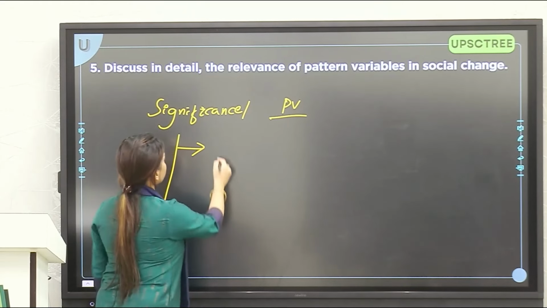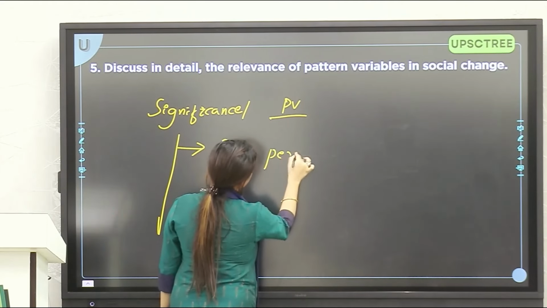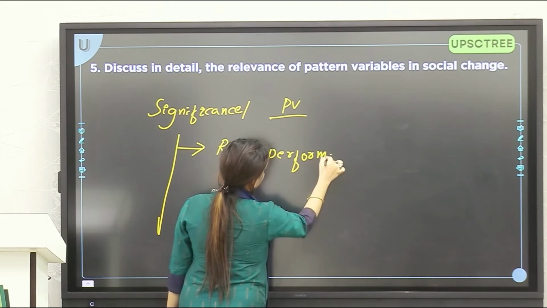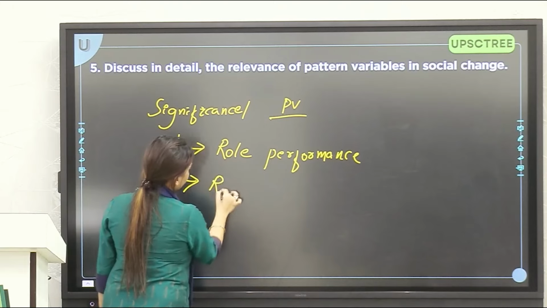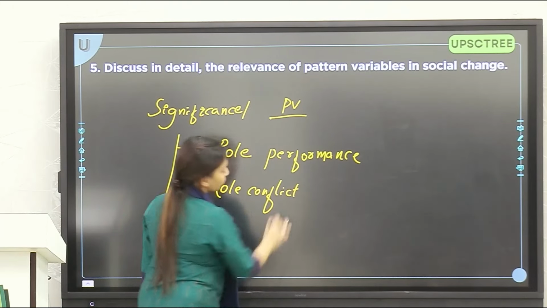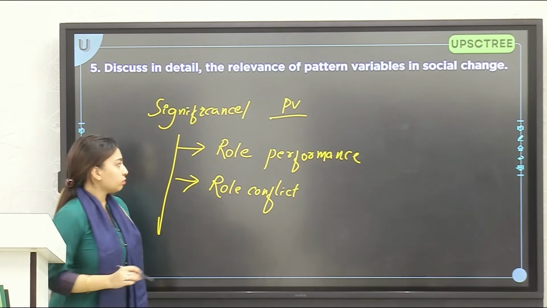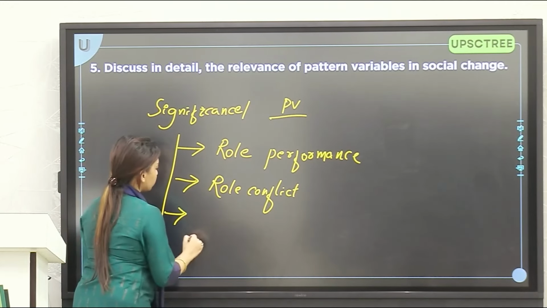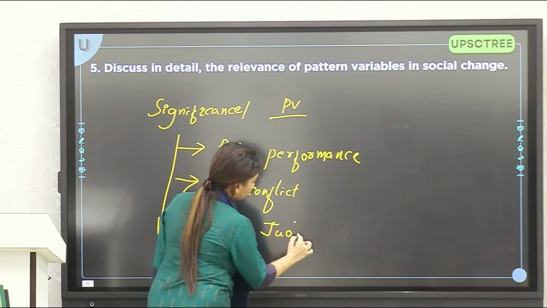First thing is for role performance. Okay, to avoid role conflict. All right. Value judgment.